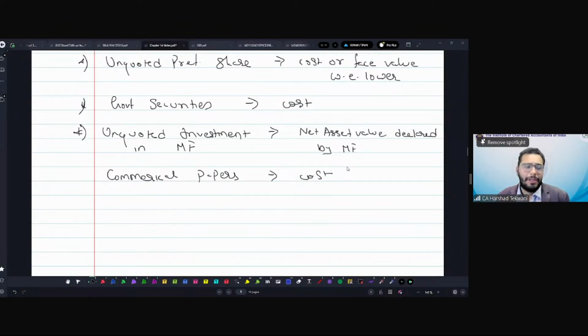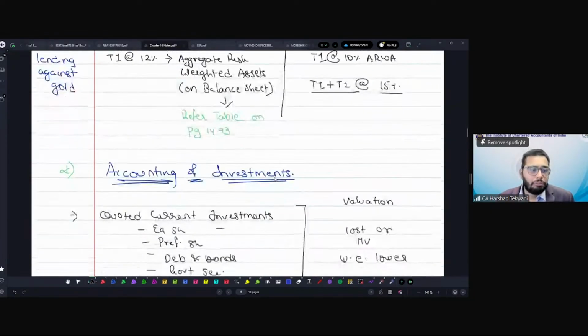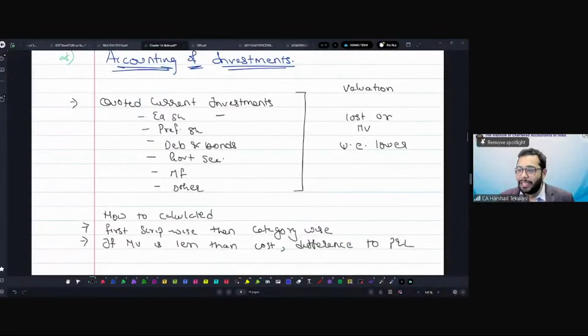Long-term investment is as per the accounting standards, so I'll not include that over here. This is how you need to value your investments basically. Clear? Any doubt? Any doubts?